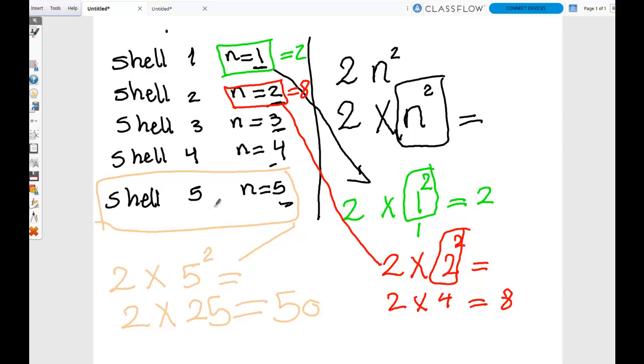So this one takes 50 electrons. So this takes 2, 8. If we do the same thing with all of them, we'll realize that this one takes 18, and this one takes 32. So 2, 8, 18, 32, 50.